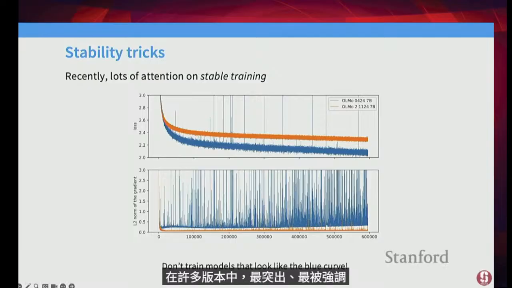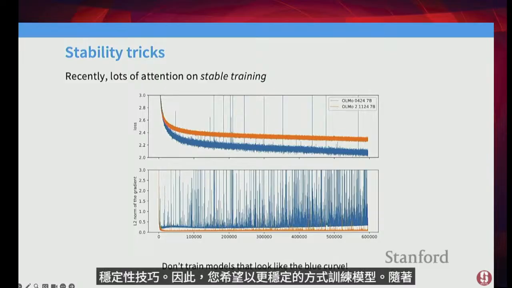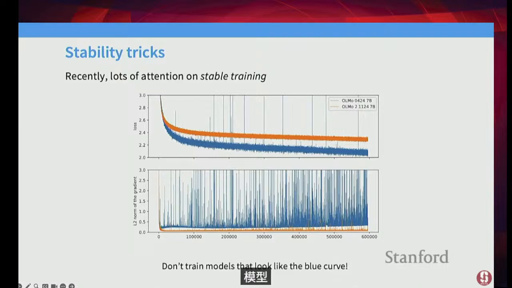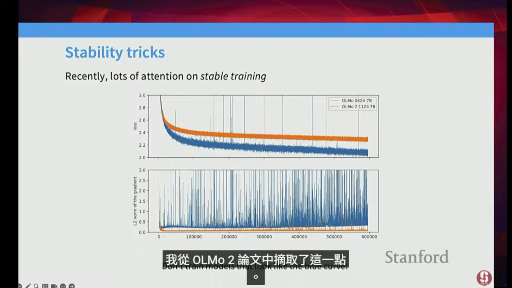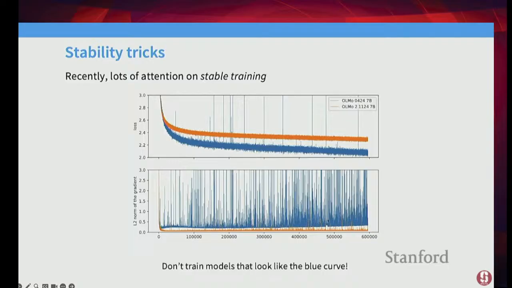So I've taken this from the Olmo 2 paper. And actually that paper is a great set of academic results on LLM training stability. One thing they start with is this figure. You look at this blue curve over here, this L2 norm of the gradient graph. And this is a terrifying graph to look at, right?